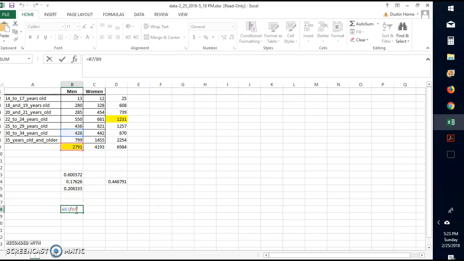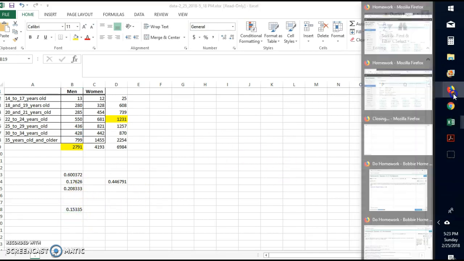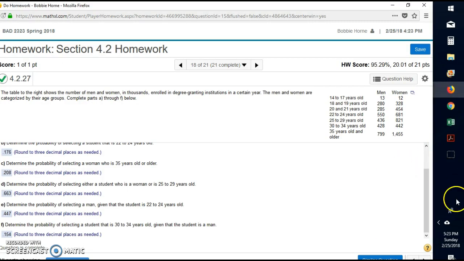So 428 divided by 2791. I'm guessing my rounding is a little off there, and that is why I got 0.154.